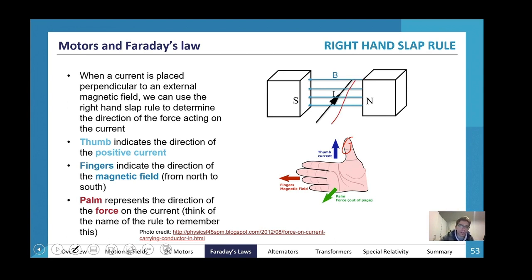In this case, conventional current is going into the page. Our fingers need to point in the direction of the magnetic field lines from north to south. Therefore, the palm of our hand is indicating upwards. Therefore, the force being applied here is upwards.